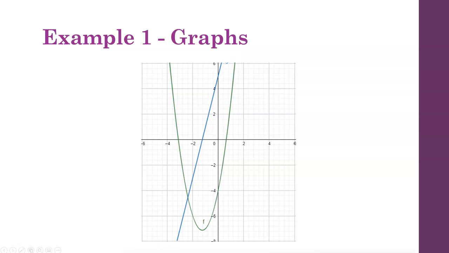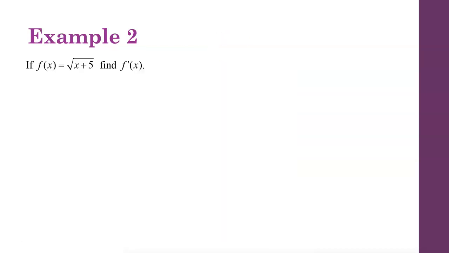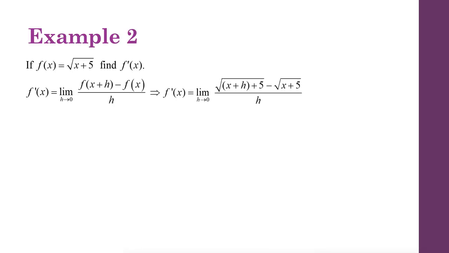Okay, so let's maybe consider one more example here. Here we want to find the derivative function for square root of x plus 5. So once again, we'll start with the difference quotient definition for the derivative function.